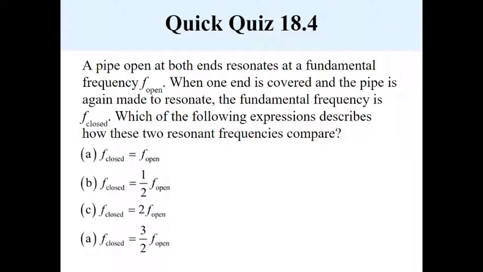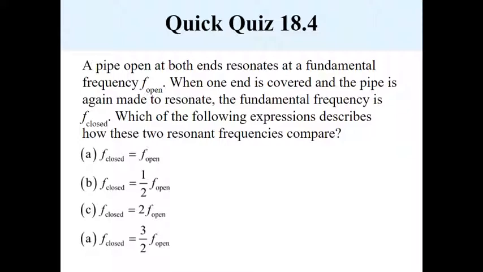If you recall, the pipe that's open at both ends has an antinode on either end if you're looking at the displacement of the medium, or a node on either end if you're looking at the pressure variation of the medium.